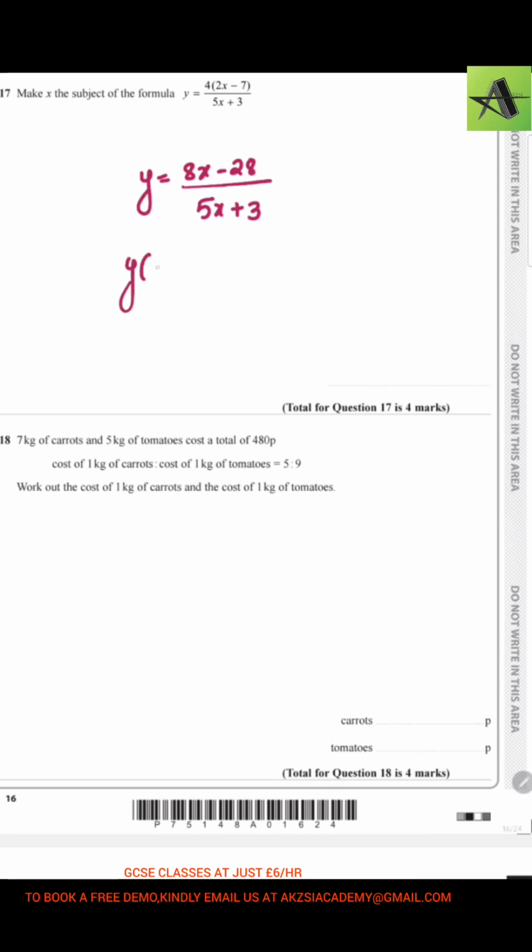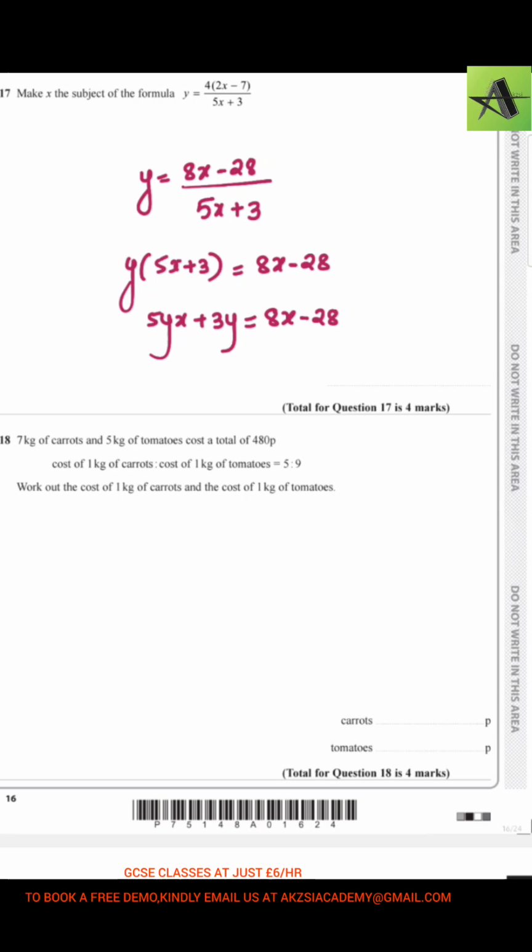So y times 5x plus 3 equals 8x minus 28. Expanding, I'll get 5yx plus 3y equals 8x minus 28. As I told you, you have to bring all the x's to one side and the number variable to the other side.